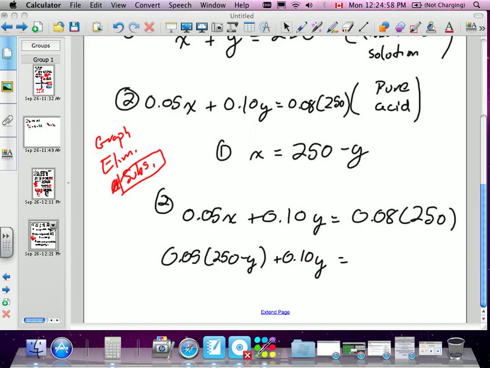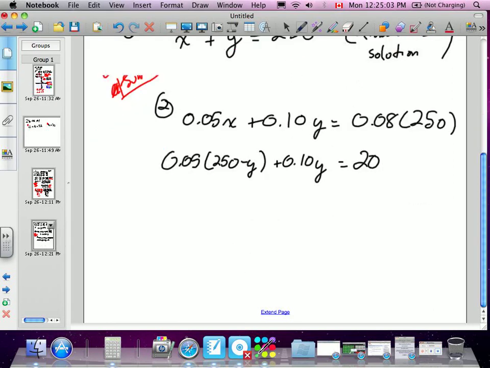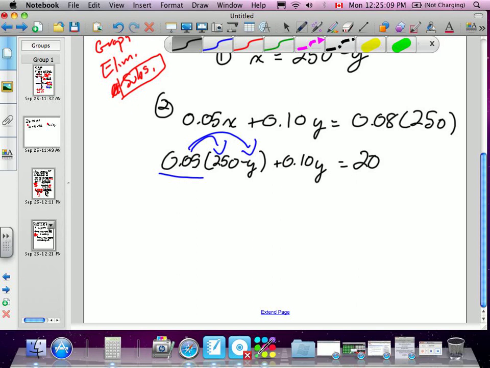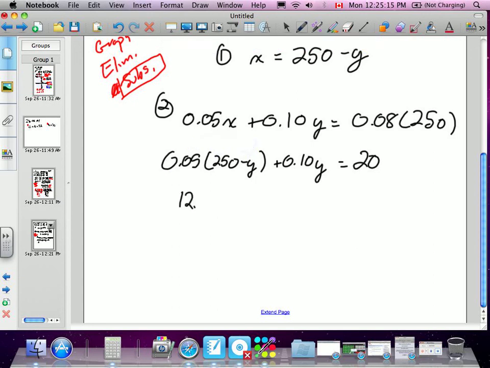We're then going to distribute 0.05 to both of the terms inside the brackets. So what is 0.05 times 250? We get 12.5. 0.05 times negative y will be negative 0.05y, plus 0.10y is equal to 20.